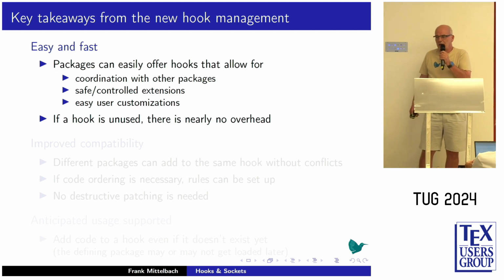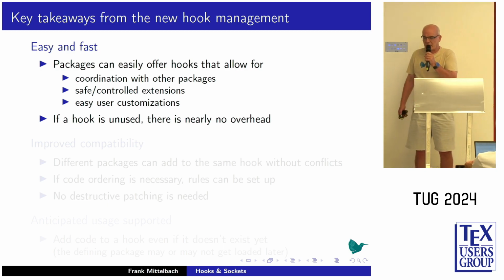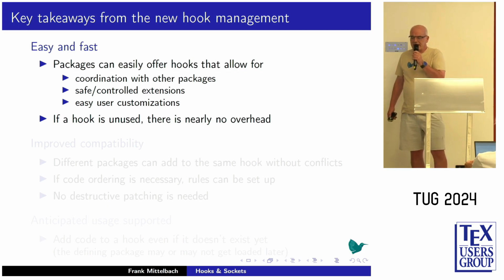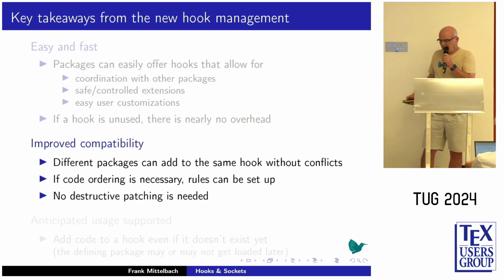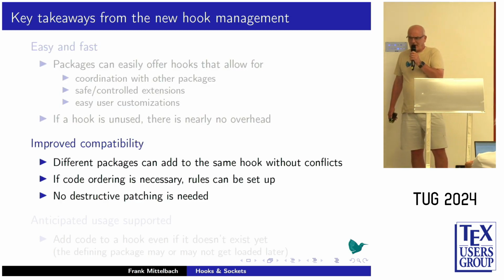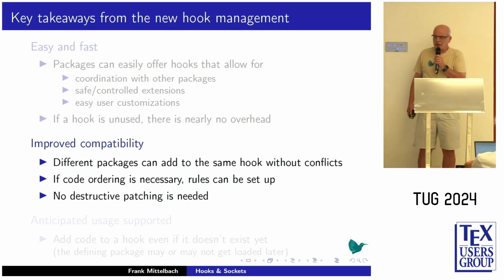It allows for customizations by users, by classes, by whatsoever. And it avoids the need for internal patching if the right kind of hooks are actually being provided. As I said, you gain in compatibility.